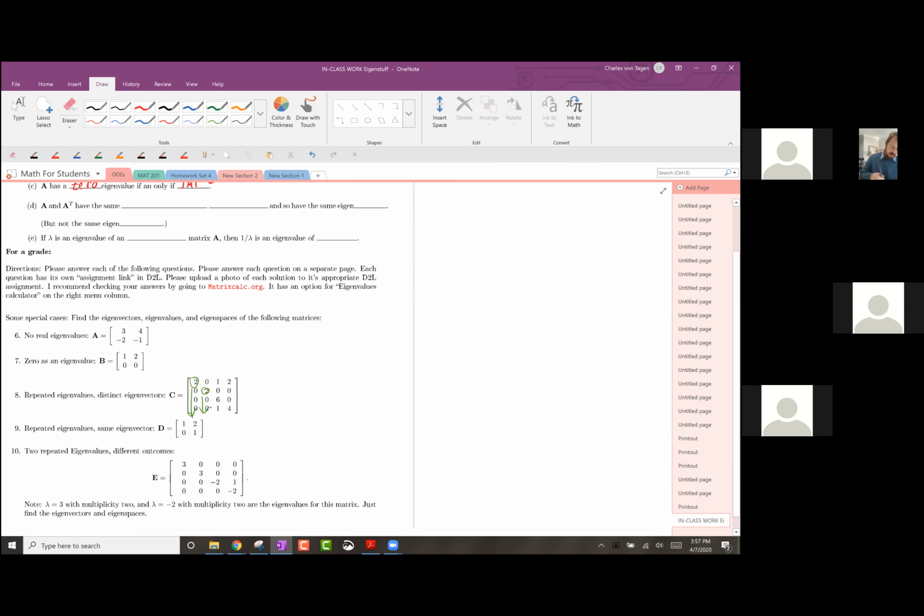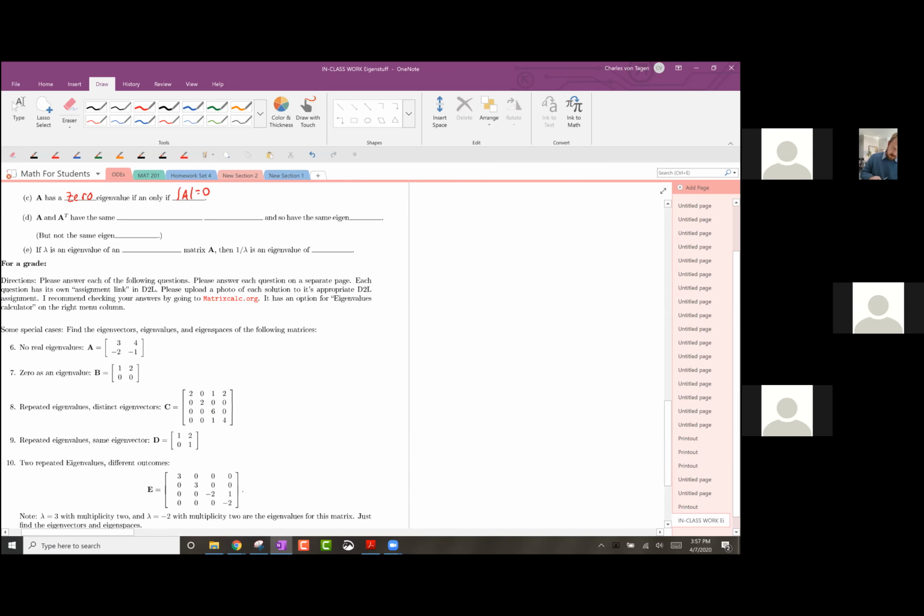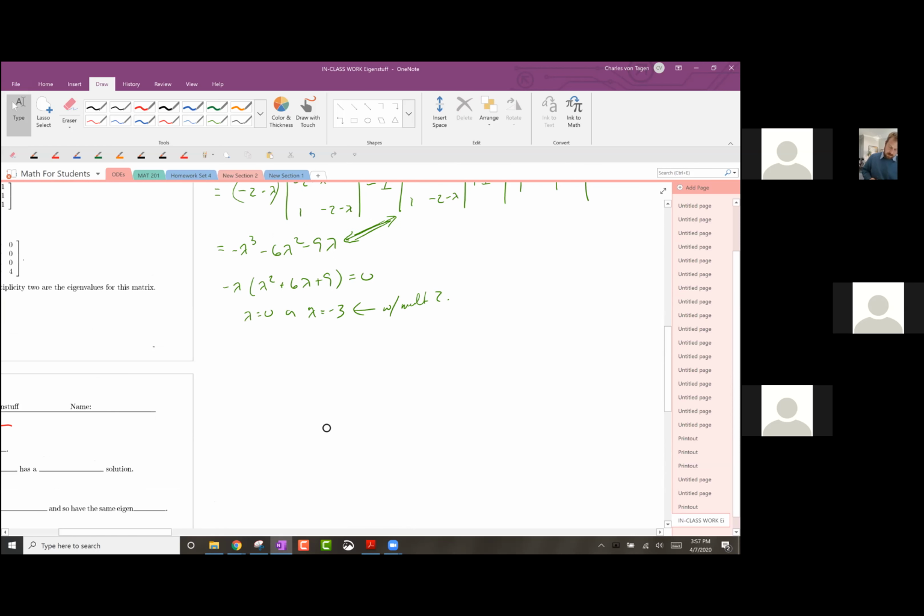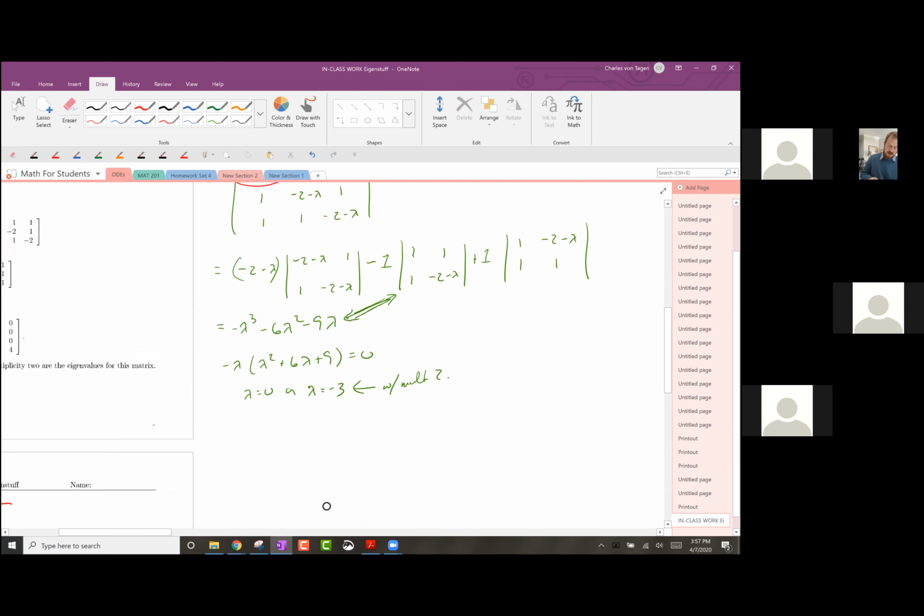Okay. So are there any questions about how we found these eigenvalues for this matrix?